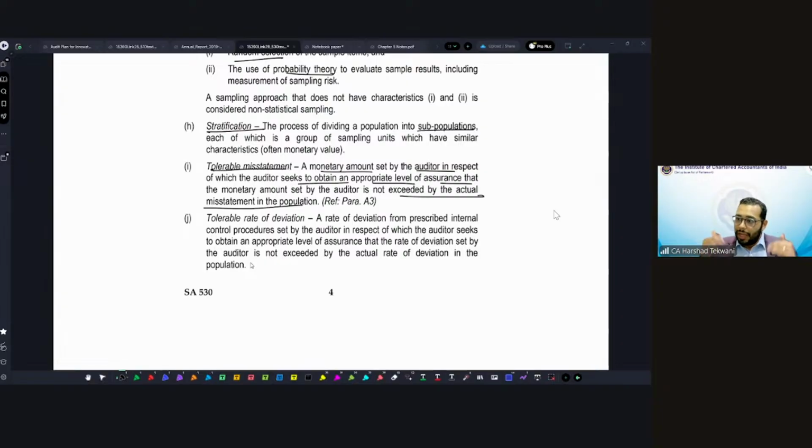That means a level where you expect the margin of error will be there, but the actual will not increase beyond that. Same when I talk about margin of error for controls, it's called the tolerable rate of deviation. Okay, in case of controls. So this is applicable for TOD. This is applicable for TOC.